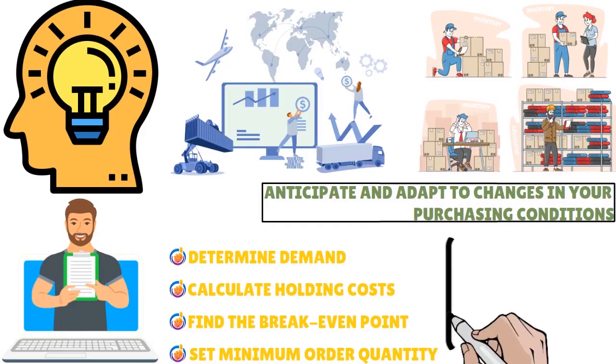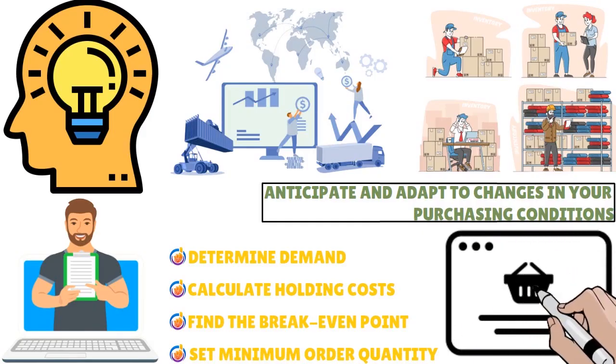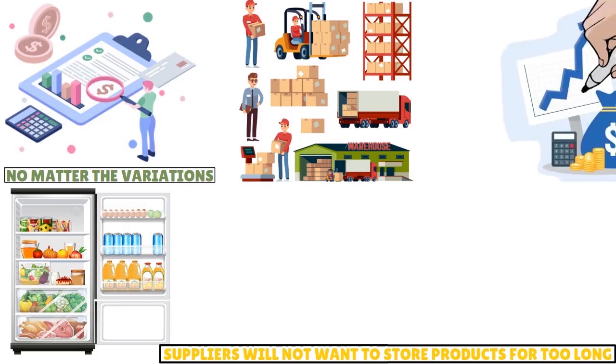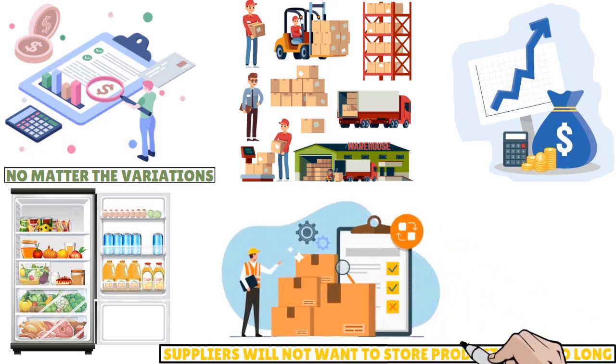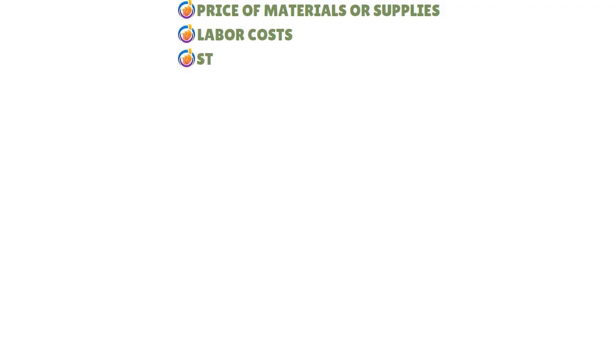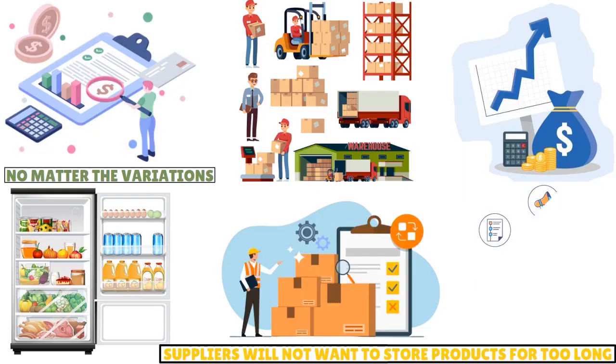This is when your product sales or your supplier sales are equal to business expenses. When it comes to MOQs, suppliers consider how many items they need to sell before they can break even and eventually make a profit. Their costs generally include the price of materials or supplies, as well as labor cost, storage cost, customer acquisition cost, and anything else directly connected to a sale.